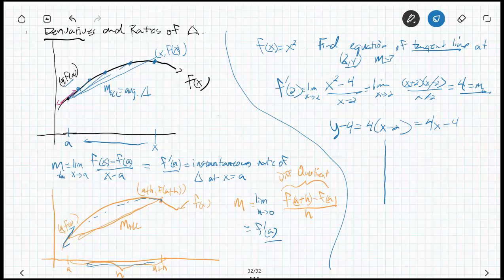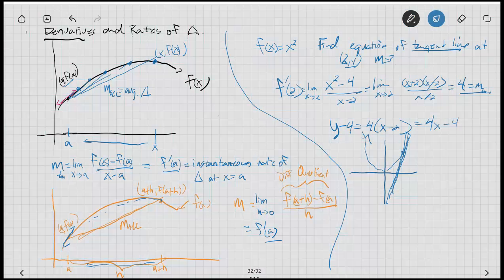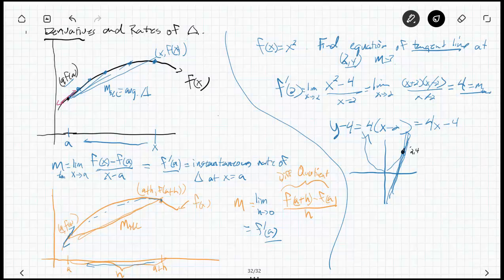So if I were to sketch y equals x squared, like that, and y equals 4x minus 4, we're going to get a tangent line at 2, 4 that looks like that. You can check it on your calculator.